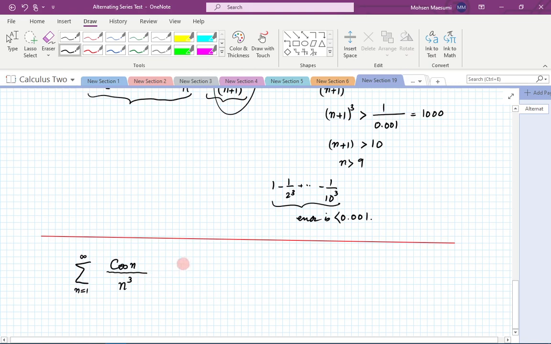Is this alternating? Well, you say, where's the plus and minus of it? Well, that is not there, but we do have cosine of n, and cosine sometimes is positive, sometimes is negative. It's rather hard to tell, but it's going up and down. It can go as high as plus 1, as low as minus 1, and the pattern is not going to be all that regular. It's rather hard to say. Like if you pick cosine of 1,000 or something, you have to think about it a little bit.